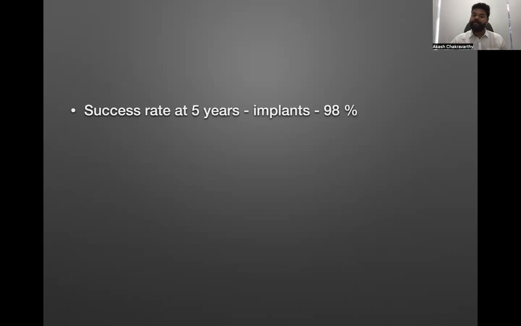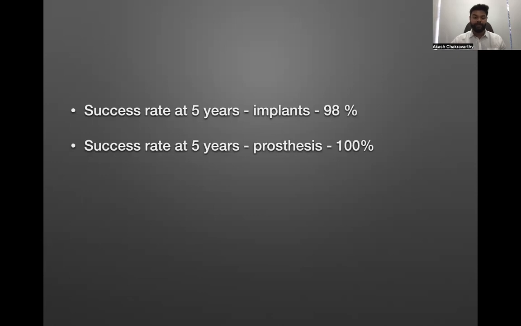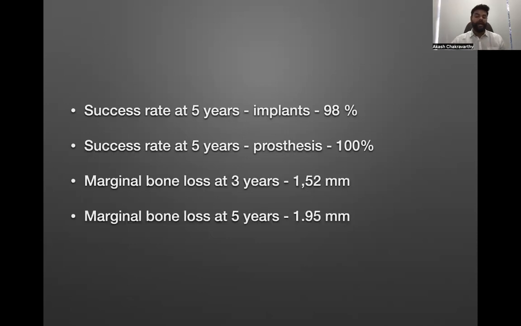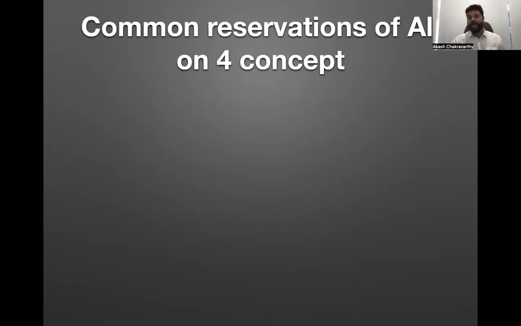So the success rate at 5 years is 98%, and the prosthesis success rate at 5 years is 100%. Marginal bone loss at 3 years is 1.52 millimeters, and at 5 years is 1.95 millimeters. I say that is a very good scenario.